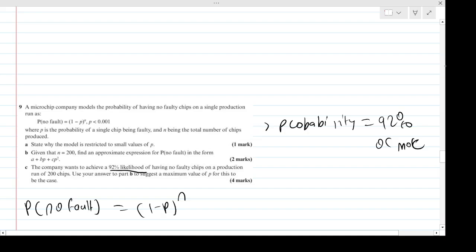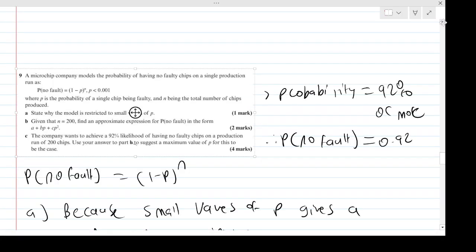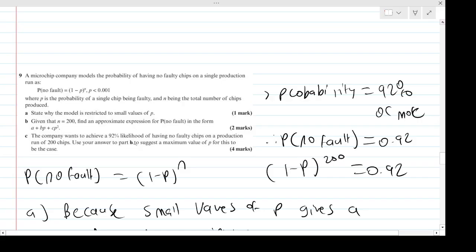So that corresponds to probability of no fault having to be equal to 0.92. So if probability of no fault is 0.92, then that means 1 minus p to the 200 has to be equal to 0.92 as well.